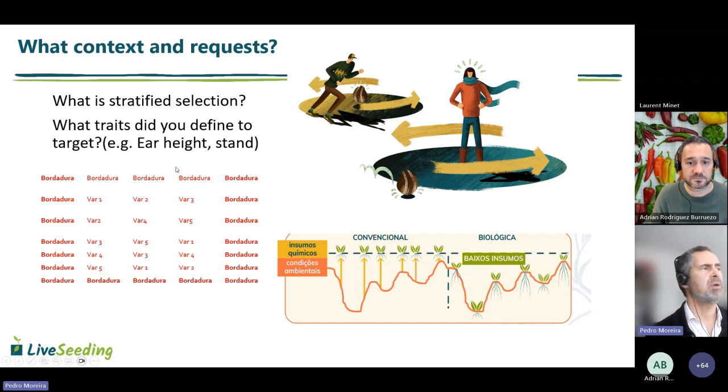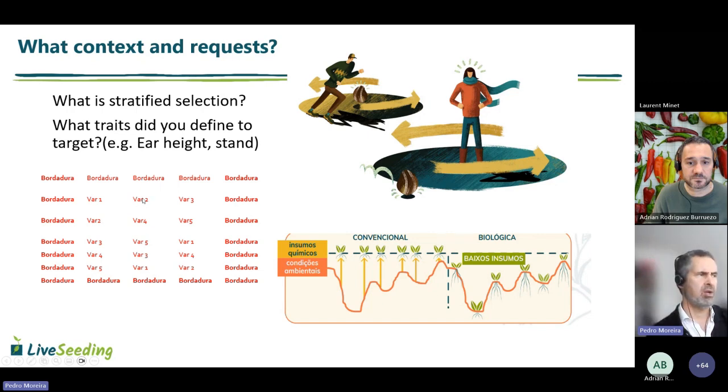Another aspect regarding the trials that I've already mentioned, and we talk about with the farmers, is how you are going to do this. It's really important that you have a border. Borders are really important for trials, because they could influence the pollination. It could interfere with pollen from outside, because you want to have isolation.